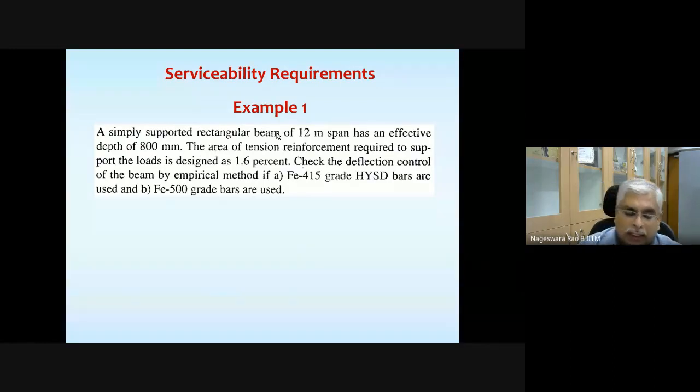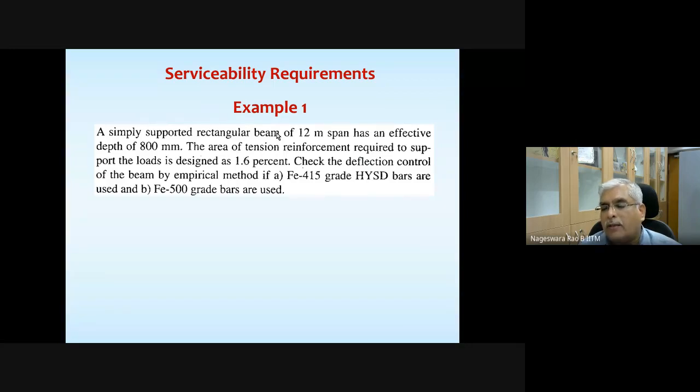So please see, this is what you need to understand. Design is an iterative process. For learning purposes or from an examination point of view, or for illustrating how to design a singly reinforced beam, we take up one simple example and explain it, and the problem ends after finding the area of steel.